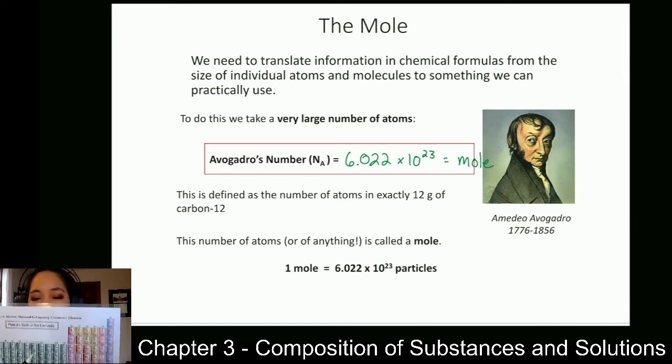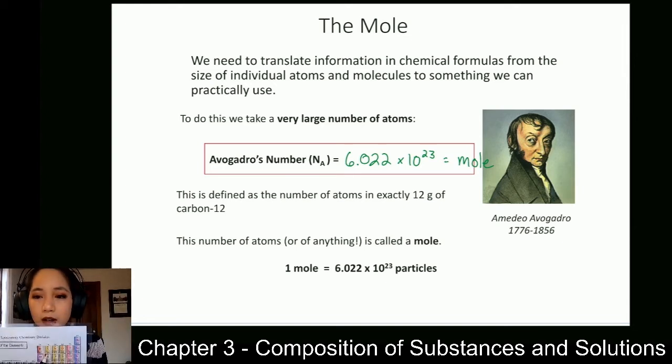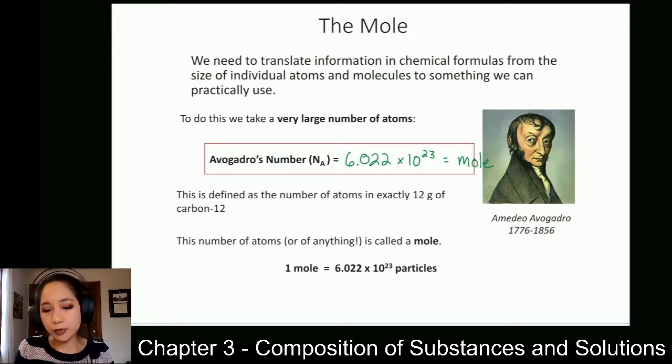When we were talking about the atomic mass of carbon is 12.01 AMU, when we talk about a mole of carbon, that number stays the same, but now we're talking about grams. So 1 mole of carbon equals 12.01 grams. And that's where the definition comes from, essentially.